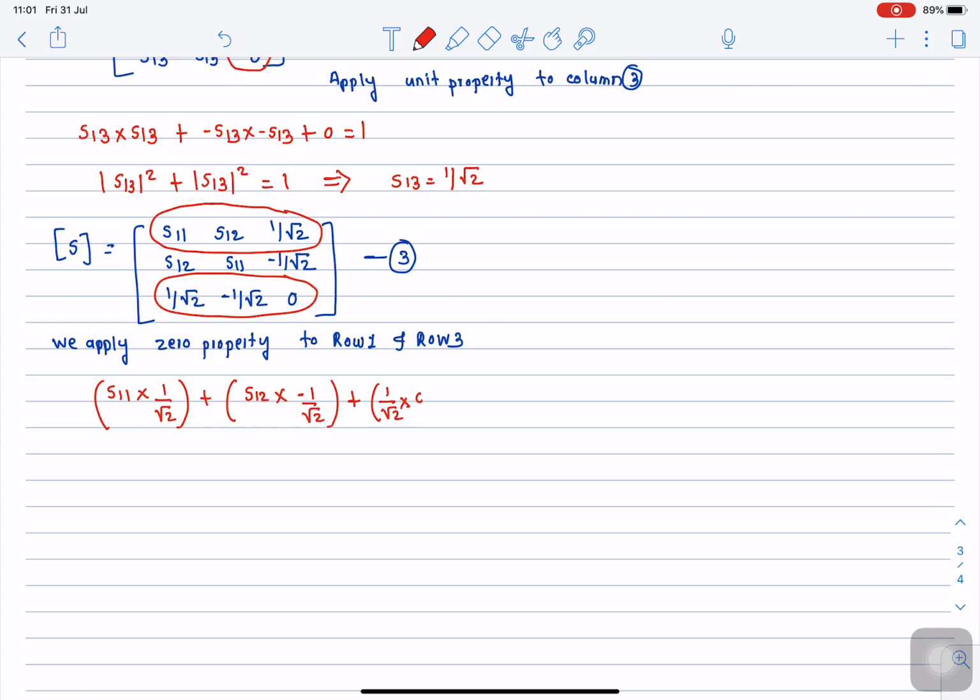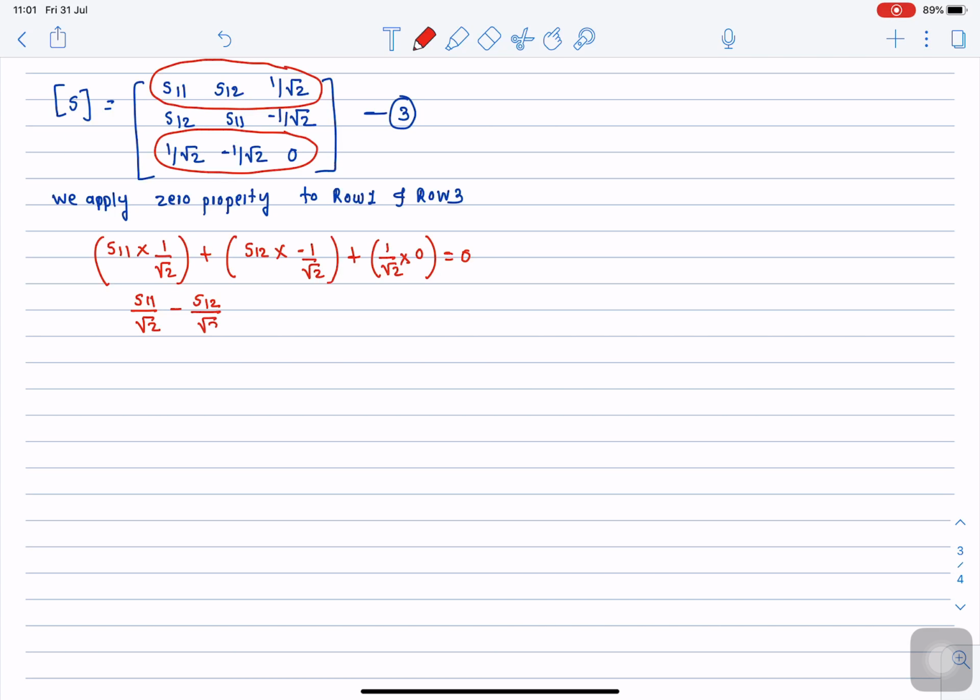So what does this equation give then? This equation gives S11 by root 2 minus S12 by root 2 is equal to 0. So what does this give then? This gives us S11 is equal to S12. So this is an important thing that we are going to get from this particular step.